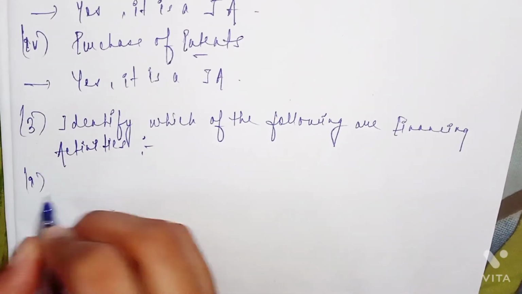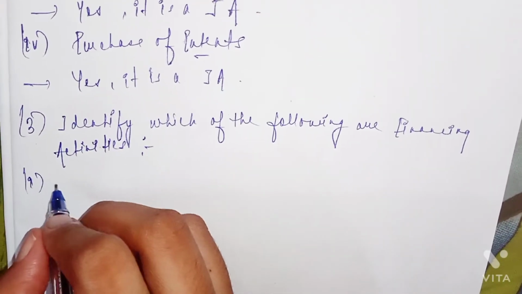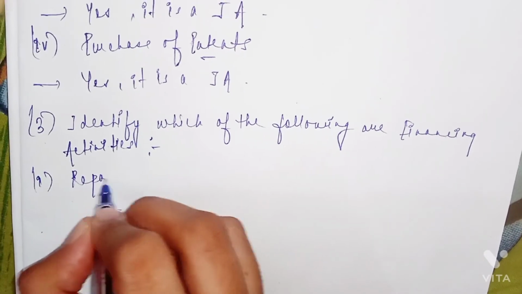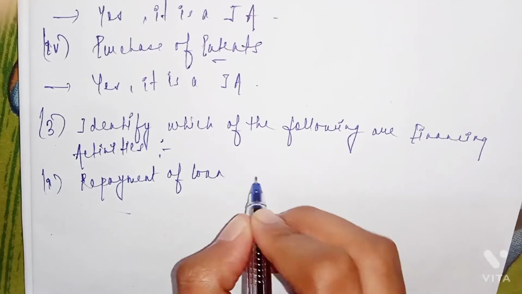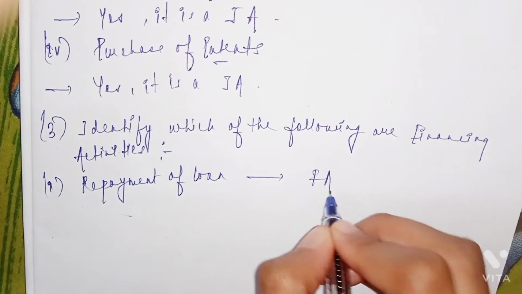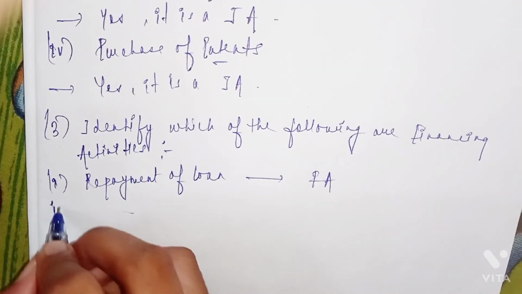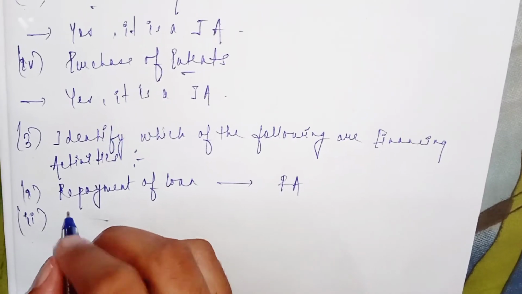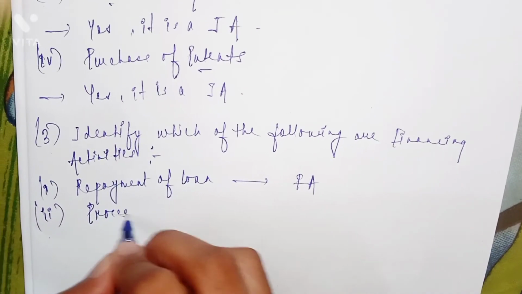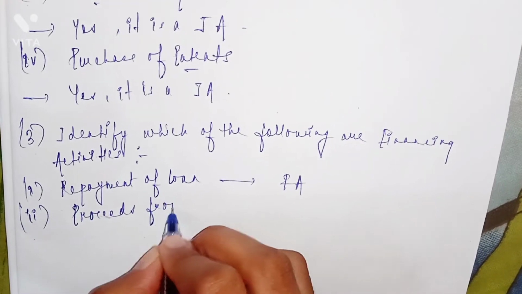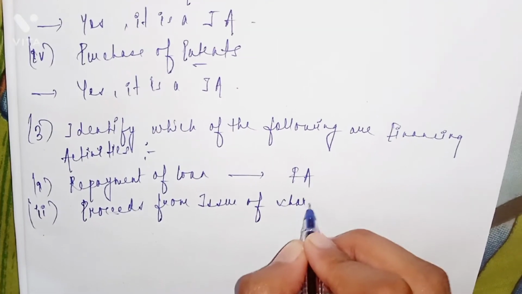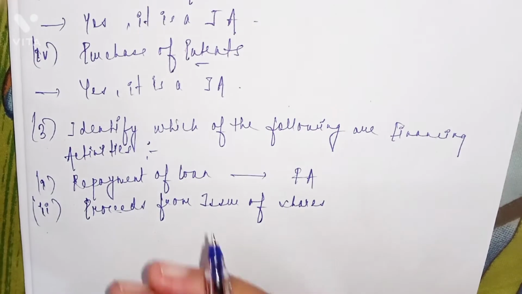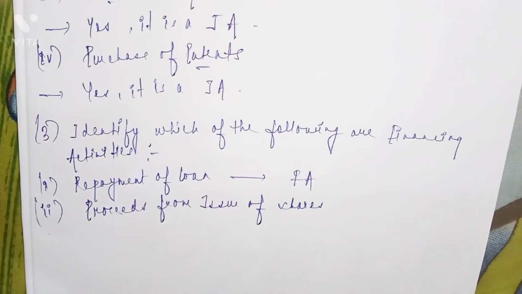My number 1 item is repayment of loan. Now it's very clear to you that a repayment of loan will always be a financing activity. So yes, it's a financing activity. Number 2, proceeds from issue of shares. You are issuing shares and you are getting proceeds, that is, you are getting cash by issuing shares.